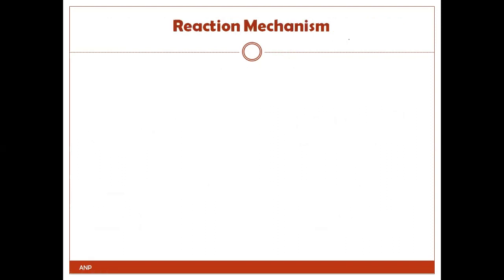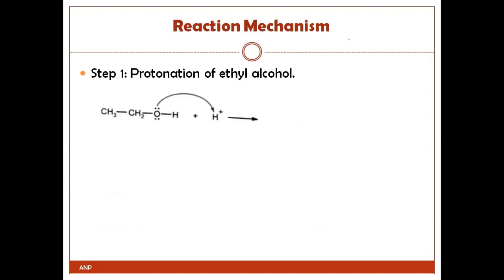Reaction mechanism. Step 1 is protonation of ethyl alcohol, CH3CH2OH. The hydrogen comes from HX, that is hydrogen halide.